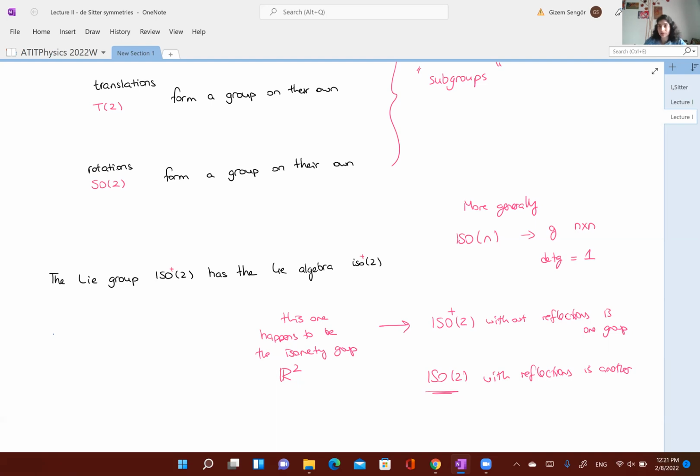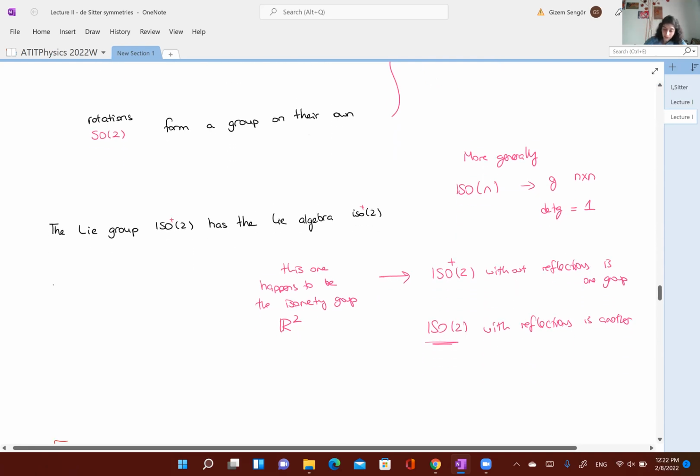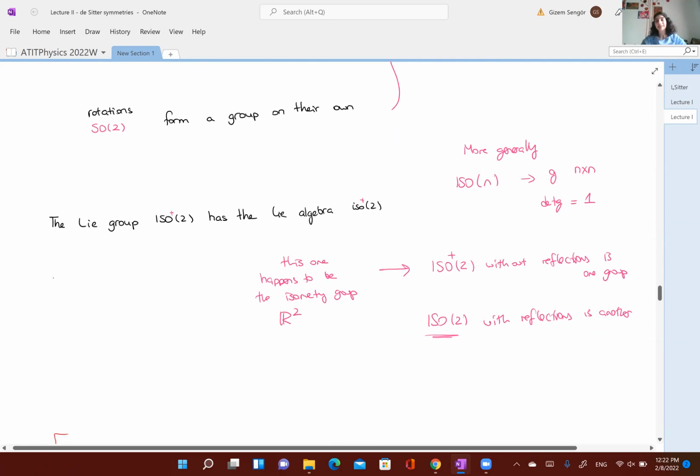It just has two elements, identity and something else that if you do it twice, you get back to where you were. So that is a group too. So there's a lot of groups, but they don't all have to appear in a physical question or for our question of interest, that is not the group. For our question of interest, the group that involves reflections is not the group we need.